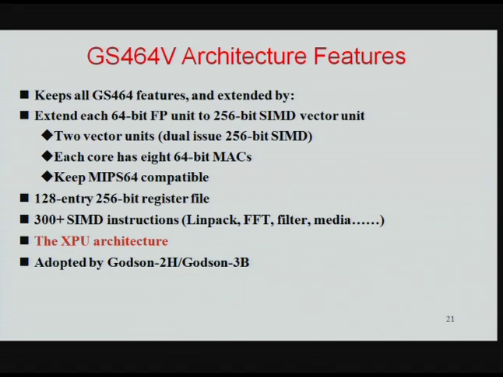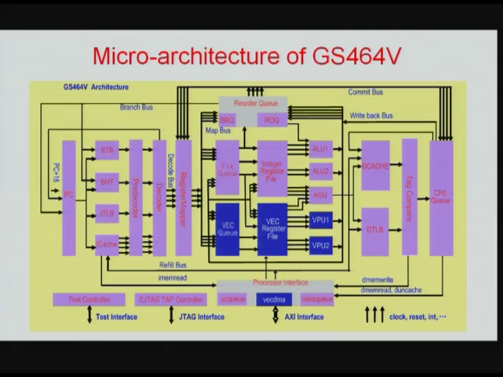And it also keeps MIPS64 compatibility. We have a 128-bit, 256-bit register file, meaning instructions. Most importantly, it takes the XPU architecture. We just replace the floating point unit with a vector unit, and add one memory coprocessor here.